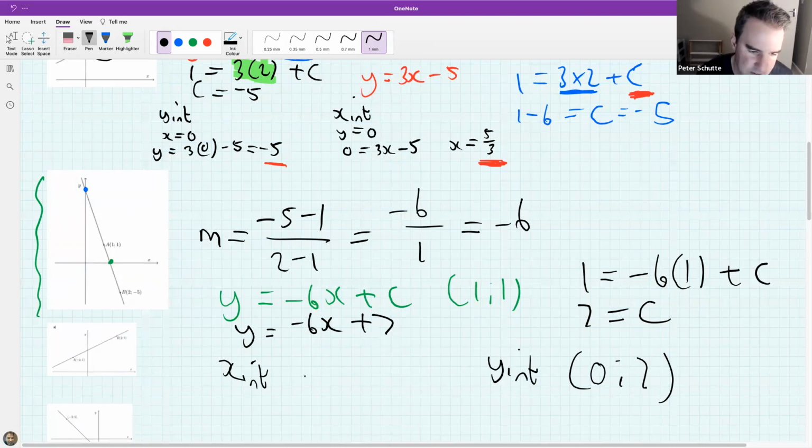The x-intercept is a little bit harder. You have to do a bit of work to get there. But let's see, minus 7.